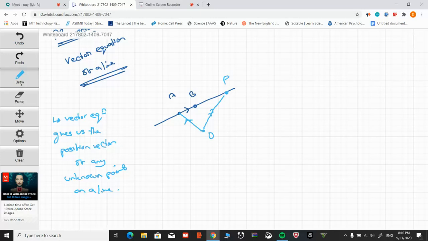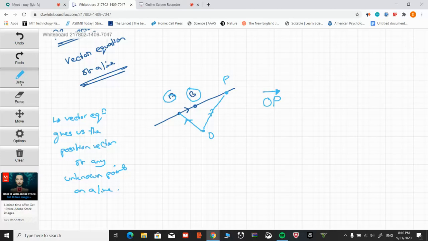Okay? So let's say here you know the vector OA or its coordinates, you know B's coordinates too, and you want to know what P's coordinates are, or in other words you want to know what the vector OP is.